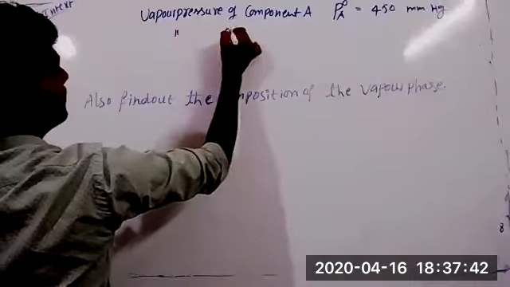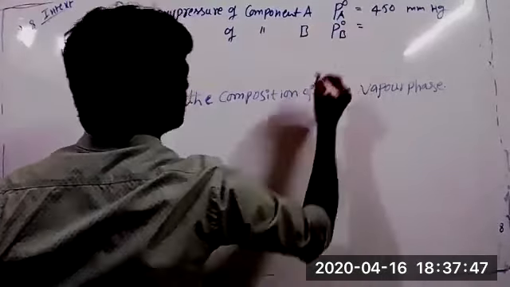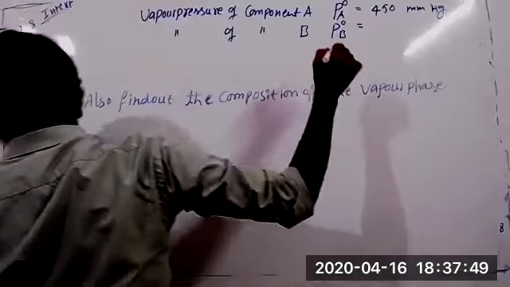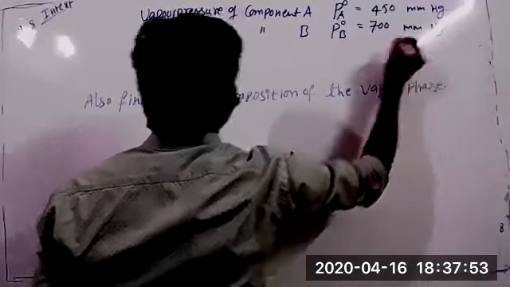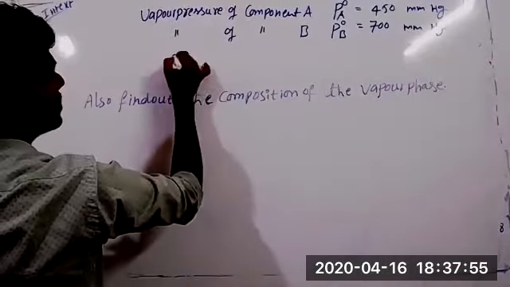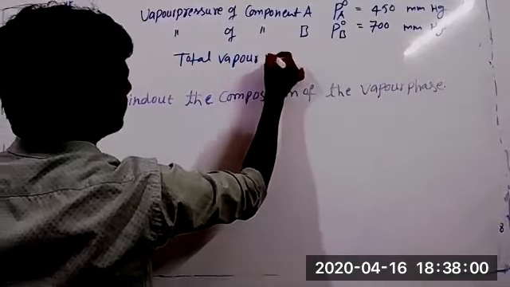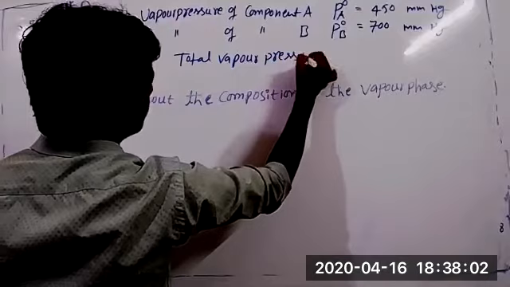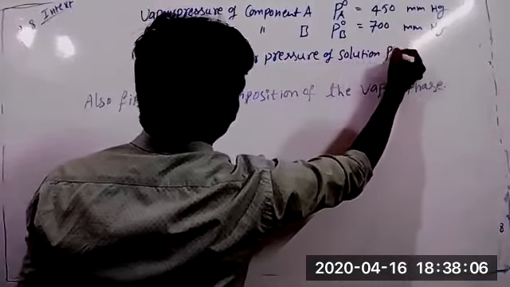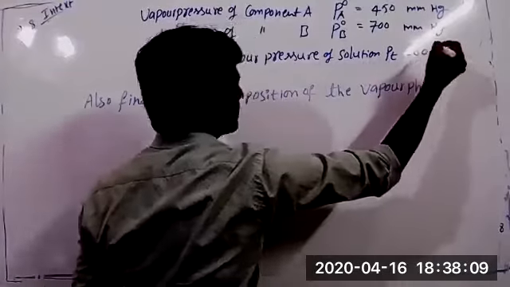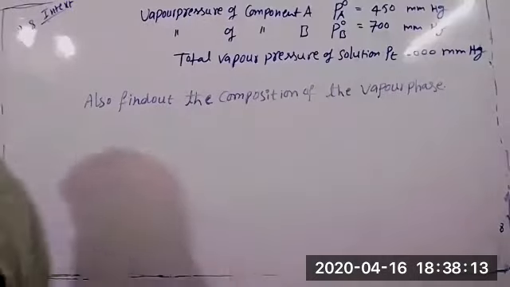Next, vapor pressure of component B, PB power 0 is equal to 700 mmHg. Next, total vapor pressure of solution, P total is equal to 600 mmHg. This is the only given information.